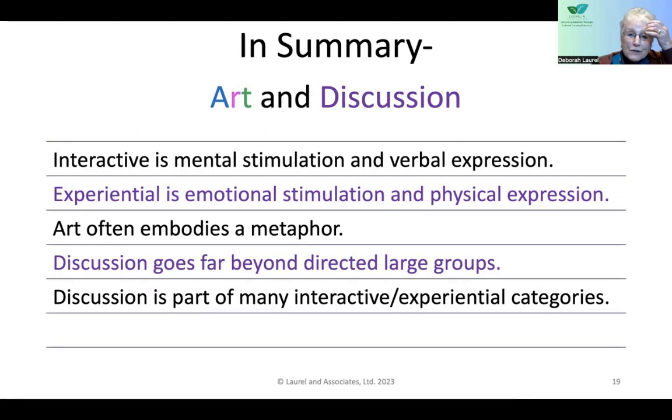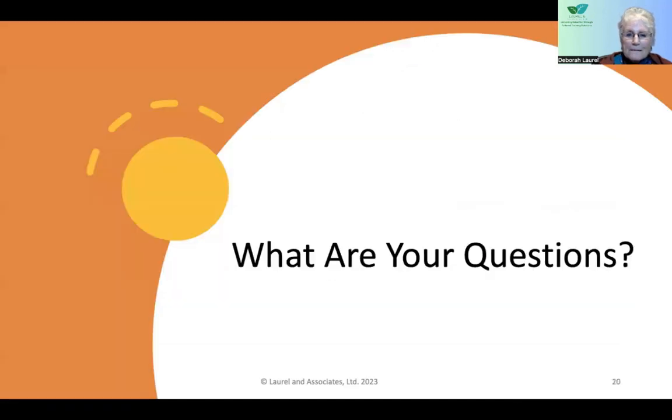We can use art to embody a metaphor. And as you've seen, discussion goes far beyond directed large group or small group discussions. And it's part of many interactive and experiential categories. So I hope that that was useful. Do you have any questions?